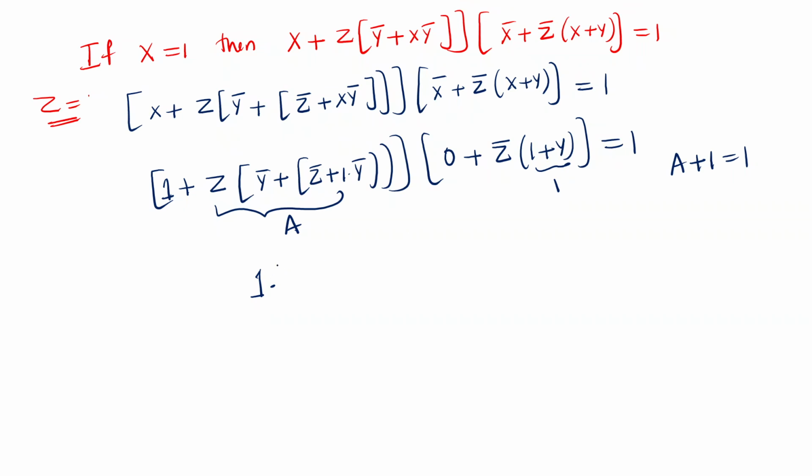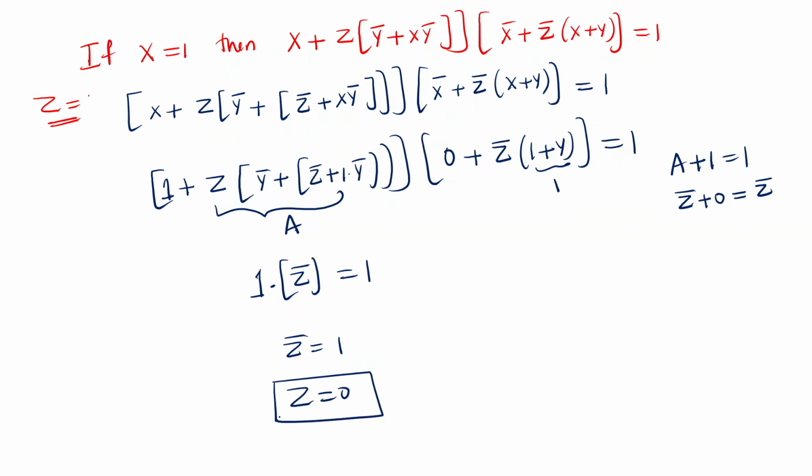And here z bar plus 0 equal to what? z bar itself. So here you are getting z bar equal to 1, so z equal to 0. Okay, so like this I need to do. That value is z equal to 0.